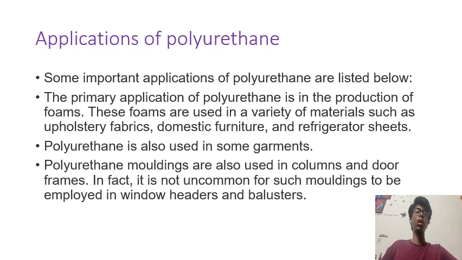These foams are used in a variety of materials such as upholstery fabrics, domestic furniture, and refrigerator sheets. We can see this foam in refrigerators, which is useful to resist the cold inside.